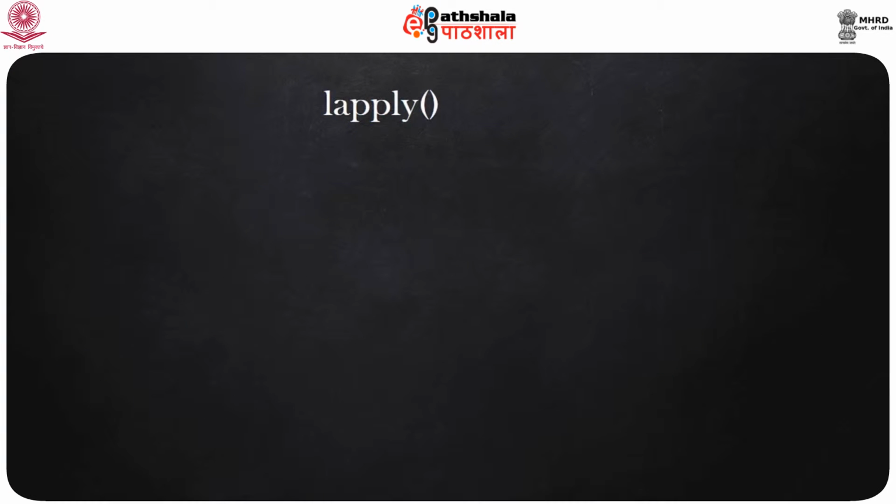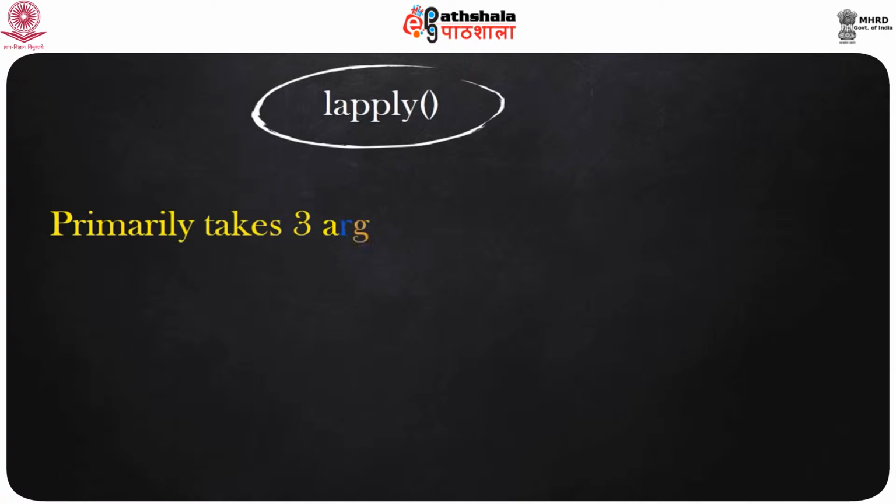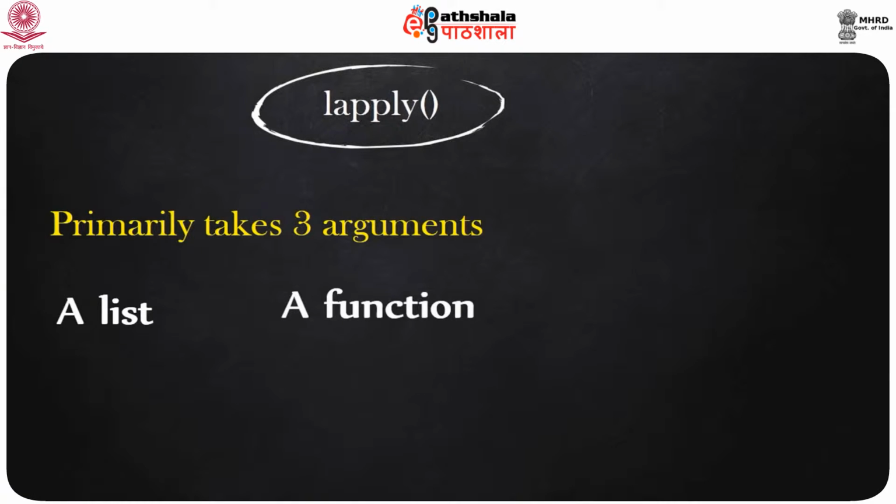The lapply function primarily takes three arguments. The first of these would be a list. Even if it is not a list, as we all know it can be transformed to a list by the command as.list. Secondly, it requires a function that will be applied to each of the elements of the list, and finally some other arguments might optionally be there.